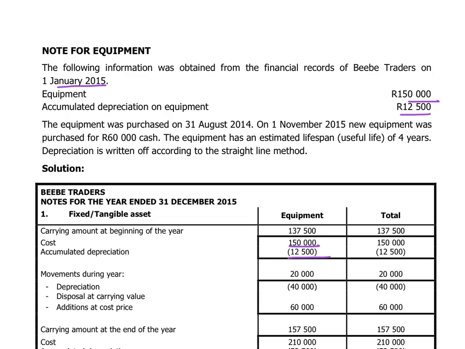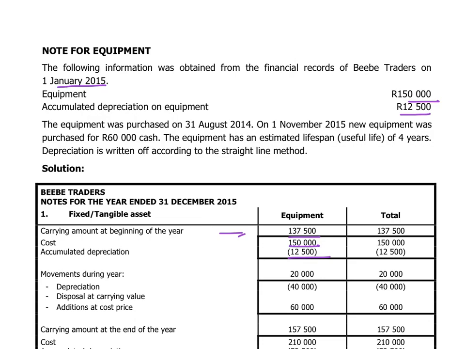To determine the carrying amount at the beginning of the year, I will deduct the 12,500 from the 150,000 to determine the carrying amount as 137,500. The equipment was purchased on the 31st of August.